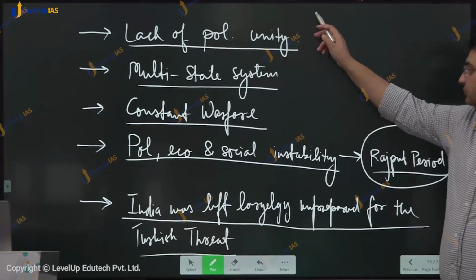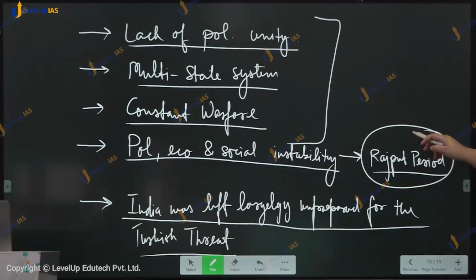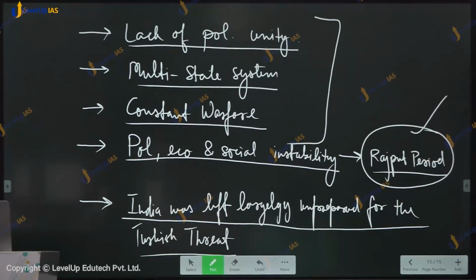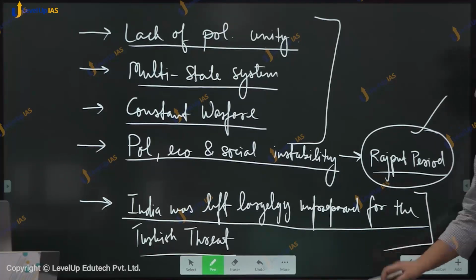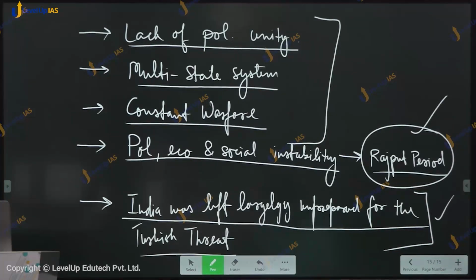The emergence of a feudal social and political setup under the Rajputs after the tripartite struggle and the rising vulnerability of the subcontinent to Turkish invasions from the northwest. This is the outcome of this tripartite struggle.